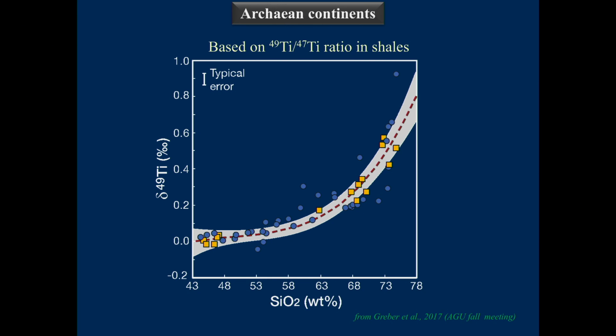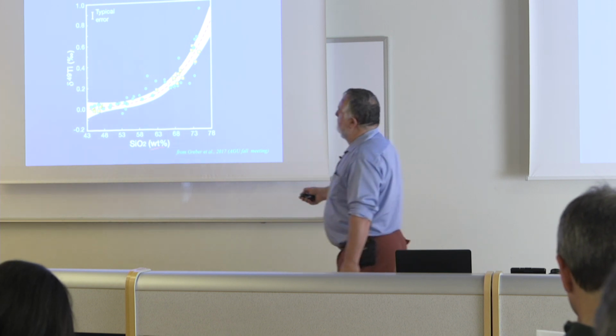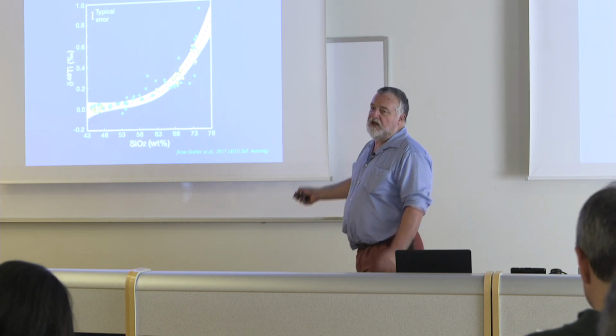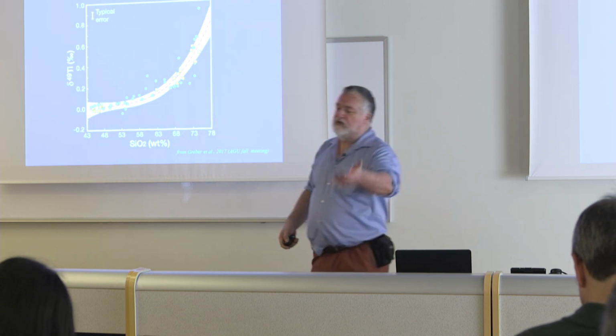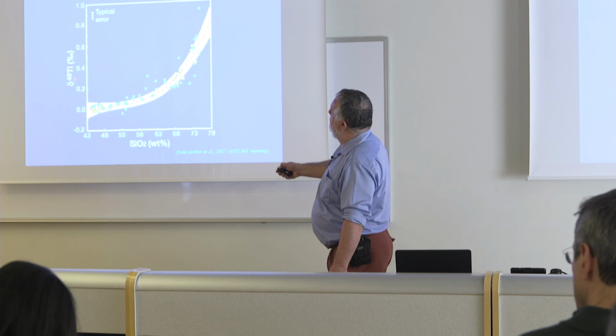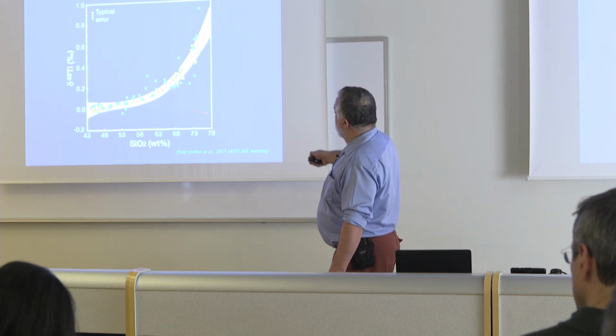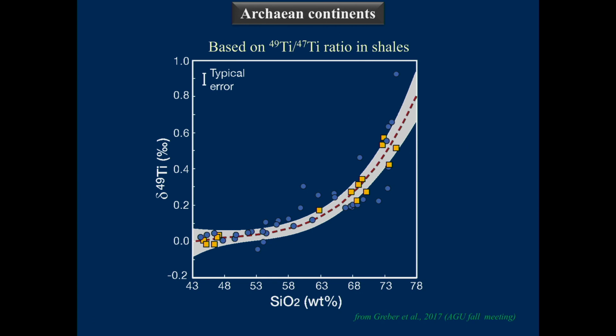And what is interesting in the approach is that they find a relationship between the isotopic composition of titanium and the silica content of the shale or of the continental crust. And of course, we have the higher delta 49 titanium with felsic crust, rich in silica, and the lower with basaltic crust here.